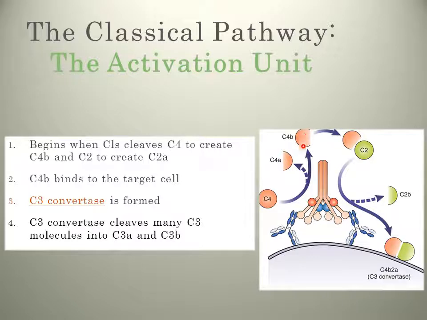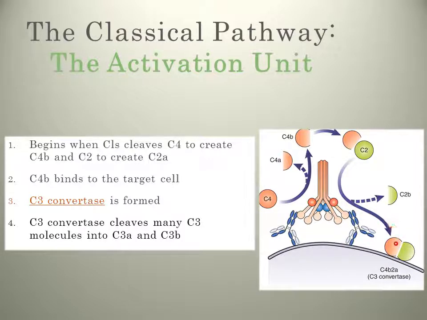Meanwhile, C4b is a very important part to stick around here, because what also happens after C1s is formed is that it cleaves C2. So C2 is cleaved into C2b, which floats away, and C2a combines with the C4b.